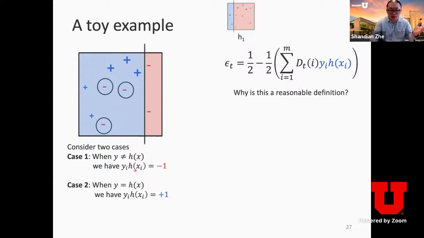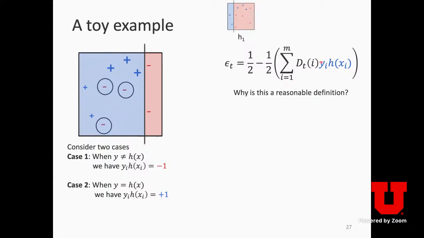Multiplying together ends up with -1 as well. So as long as you make a wrong prediction, this product will always give -1. If you make a correct prediction, of course, you'll give +1.